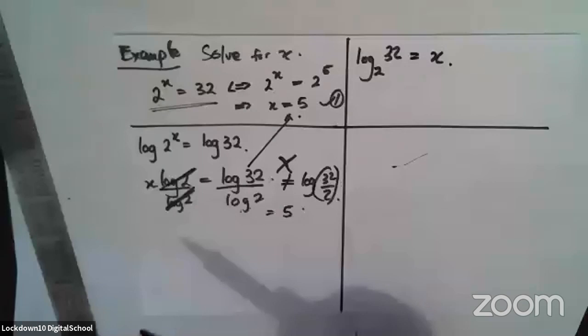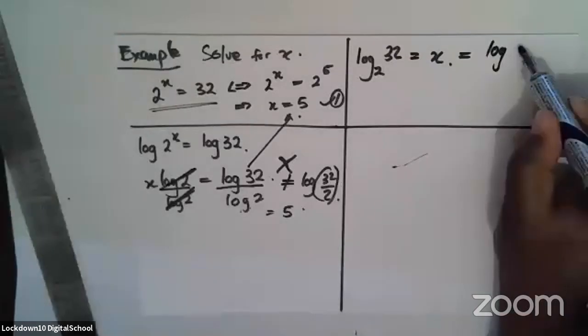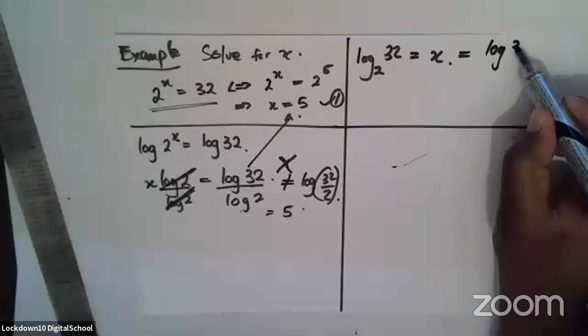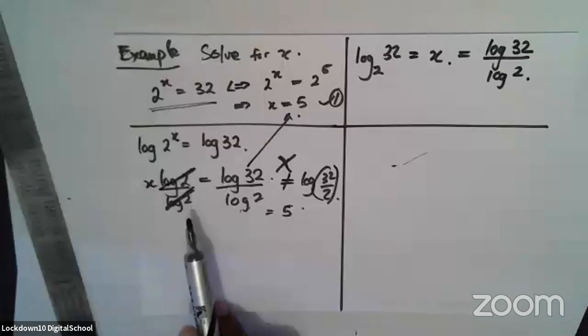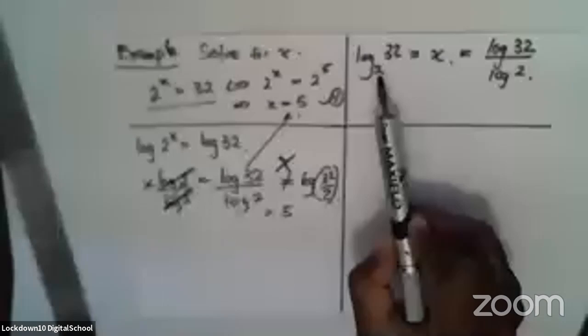But remember, we have also written x is equal to log 32 over log 2, here, when we solved. I'll repeat that again. What is the power of 2 that gives me 32? It's x.